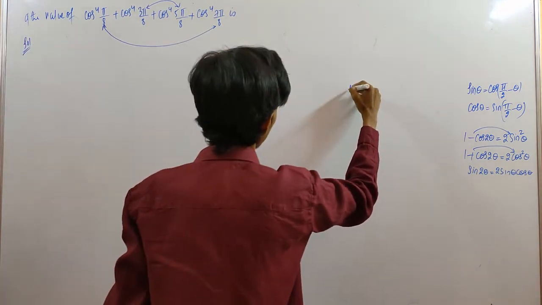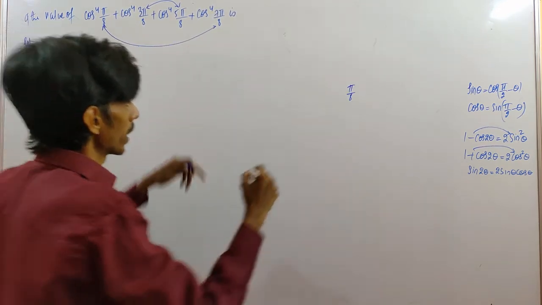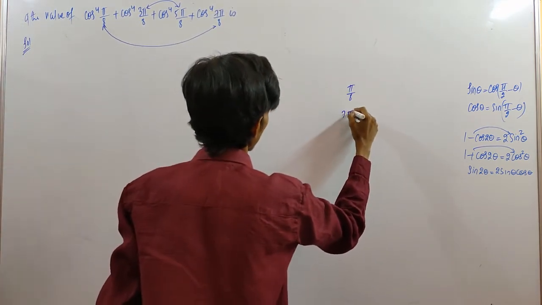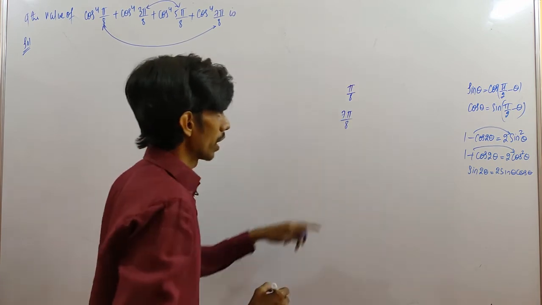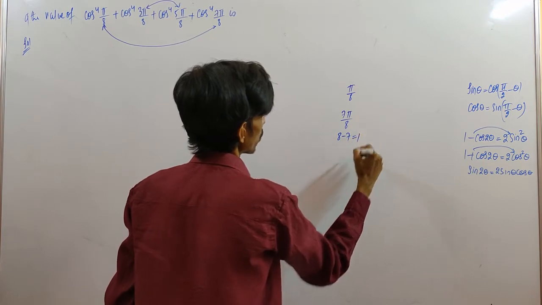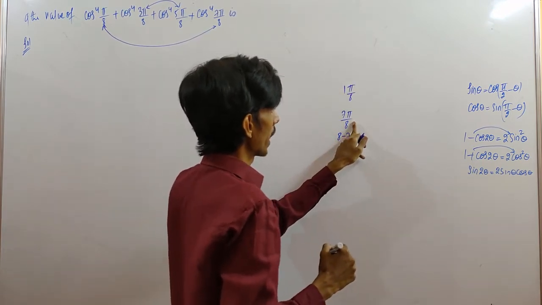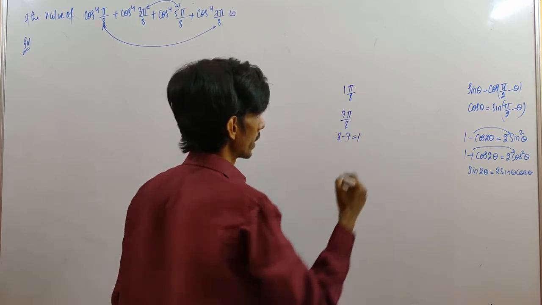We have first angle pi by 8, next angle we have 7 pi by 8. Now 8 minus 7 is 1, here also 1 pi by 8. So this can be modified in terms of pi by 8.